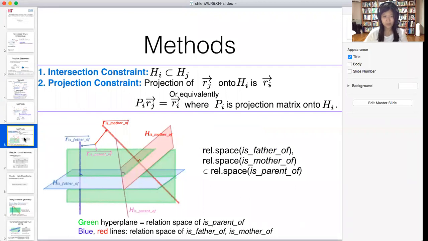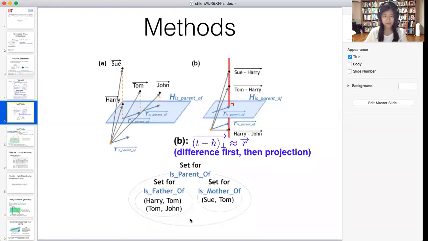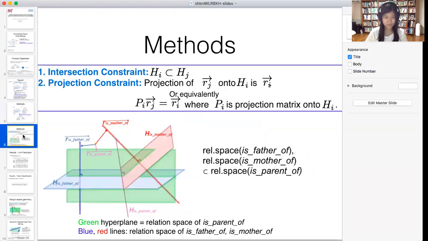So how can we make the relation spaces in R^D be isomorphically placed as these relation sets that we have in knowledge graphs?